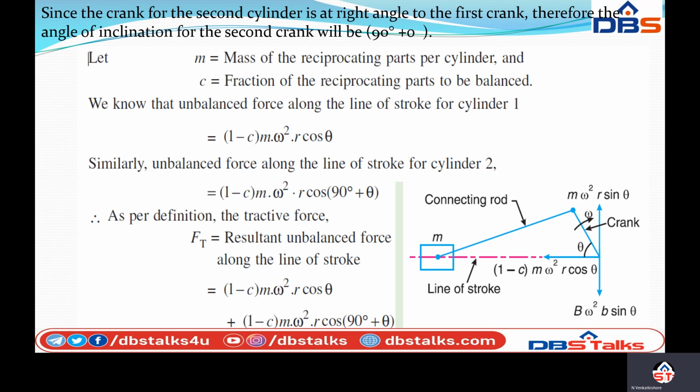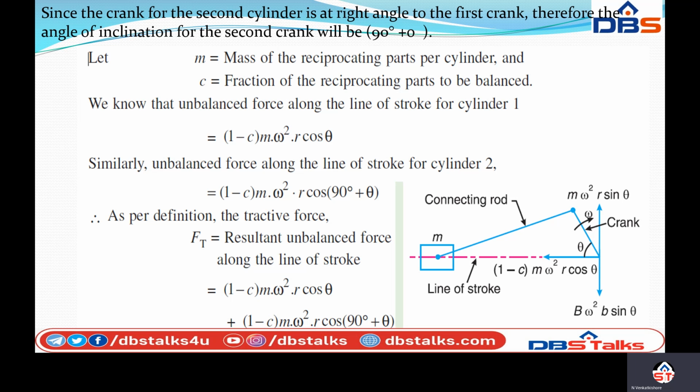Let us consider the crank for the first cylinder to be inclined at an angle of theta with the line of stroke. If you see in the diagram, the crank makes an angle of theta degrees with the line of stroke, mentioned in pink color.